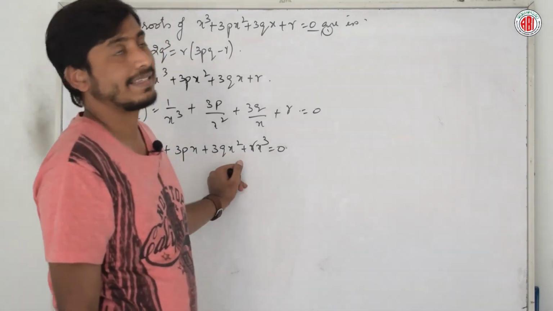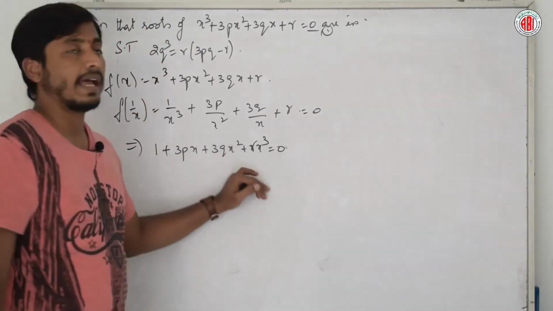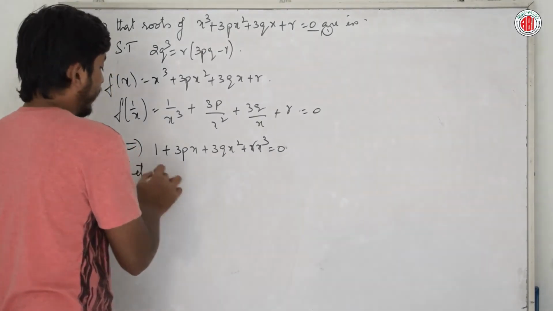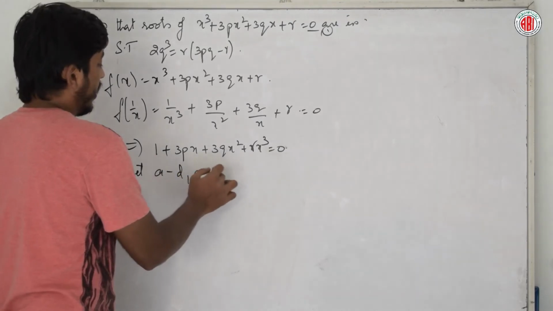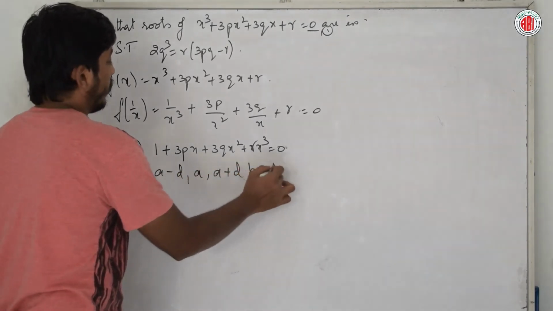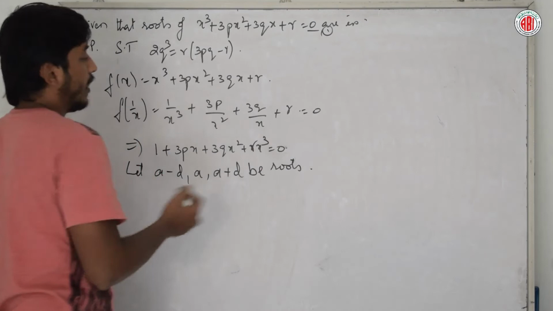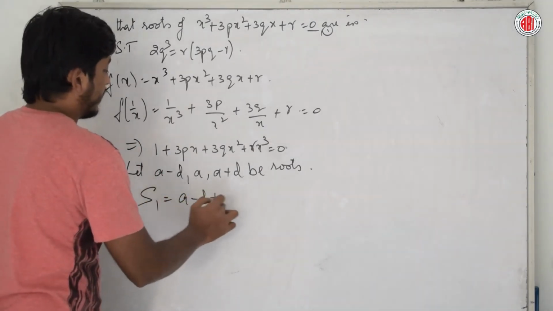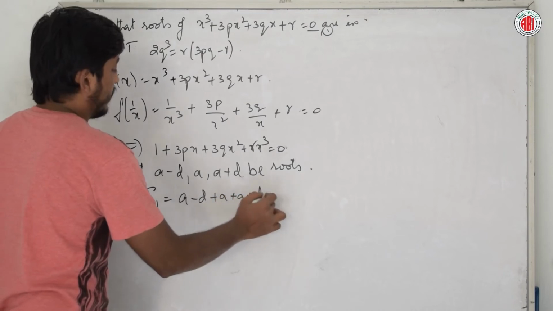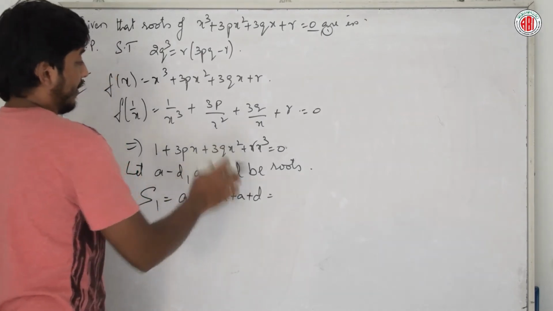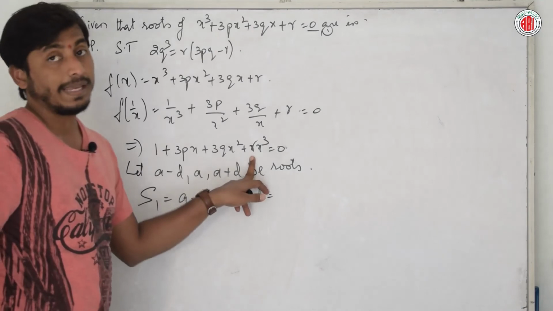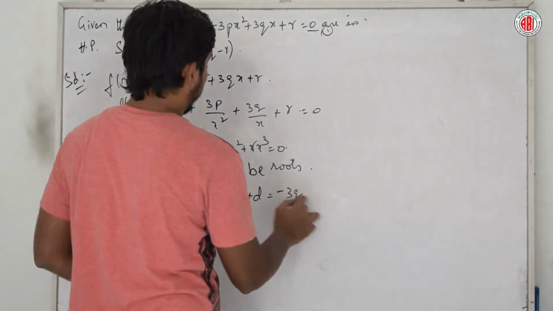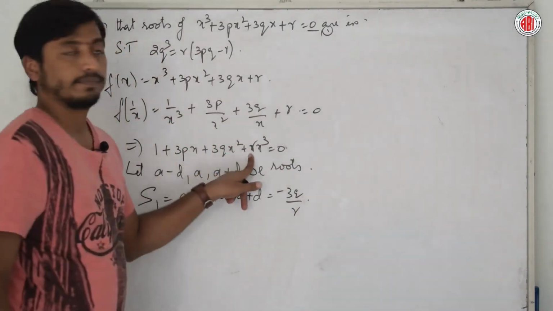Now let us take the roots of this to be in AP. So how do I write now? Let a minus d, a, a plus d be the roots. So if they are in AP, what is the sum? The sum a minus d plus a plus d plus a is equal to minus b by a, that is minus 3q by r, isn't it?